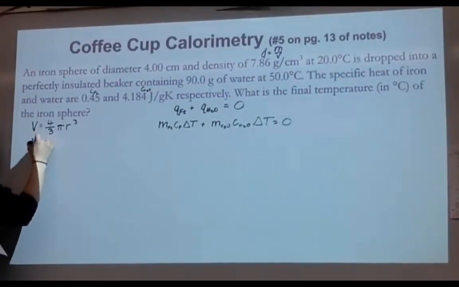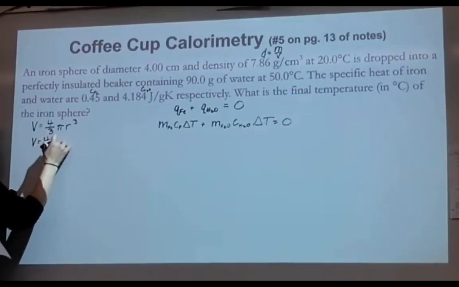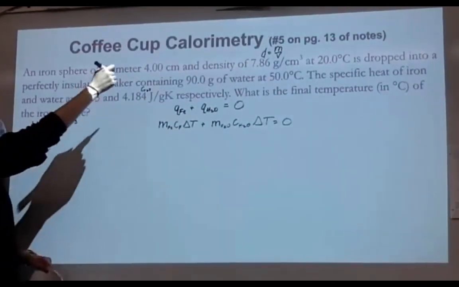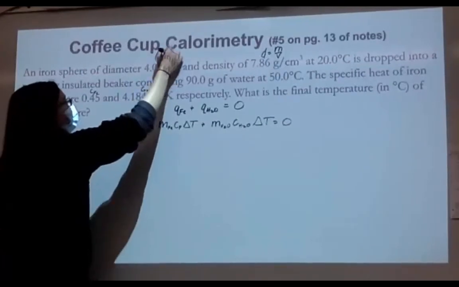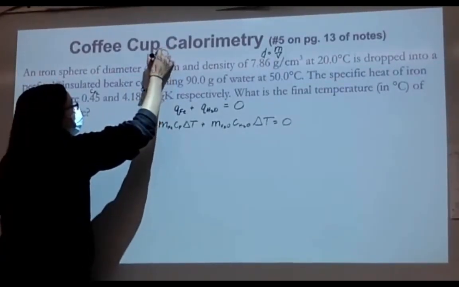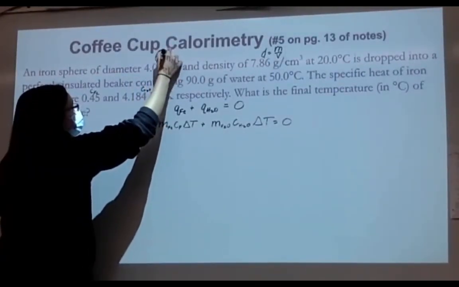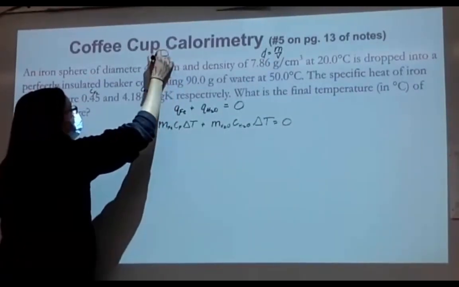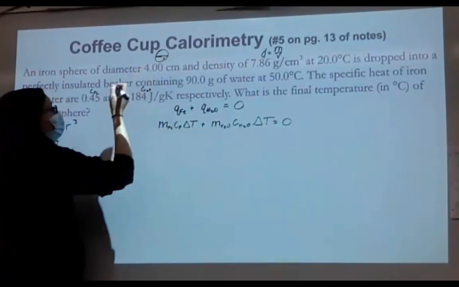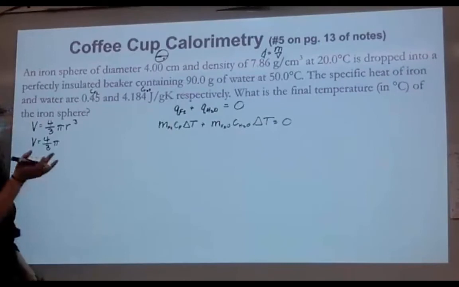So 4/3 times pi. Now if the diameter, here's a circle, diameter is all the way across, that's 4 centimeters. What is just the radius? What's half of 4? 2.